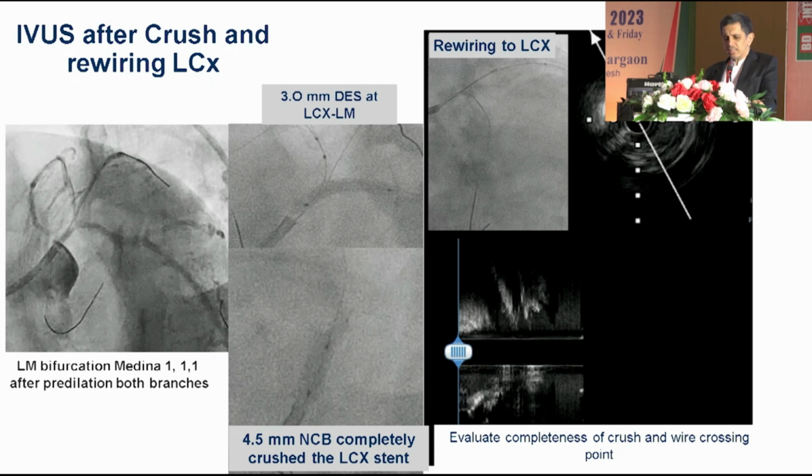This is another case of bifurcation. Then we did IVUS, and afterward we put the stent here, and this is the balloon, LM to LAD, completely crushed to the circumflex. As you recall, we used a 3.0 balloon when we crushed in the previous one. And then we rewired the circumflex and identified whether the wire went to the abluminal side or not.